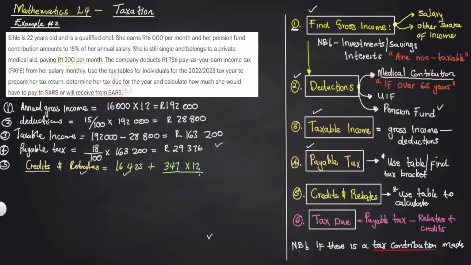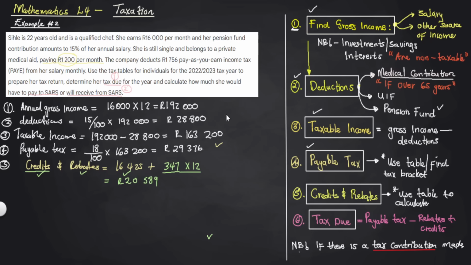This is for the medical credit. So it's 16,425 plus 347 times 12. The answer is 20,589. So these are the credits.